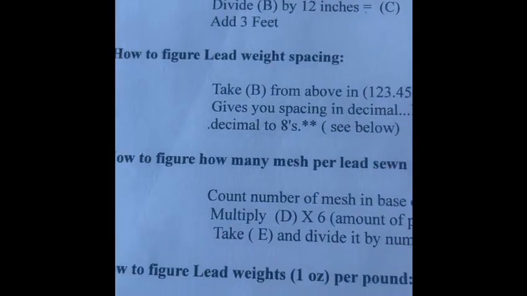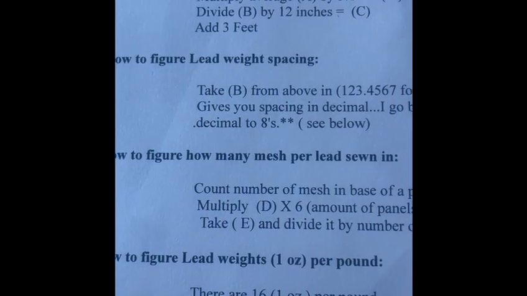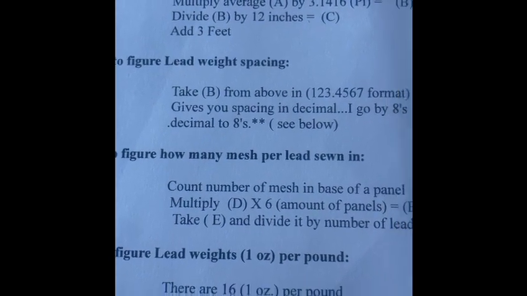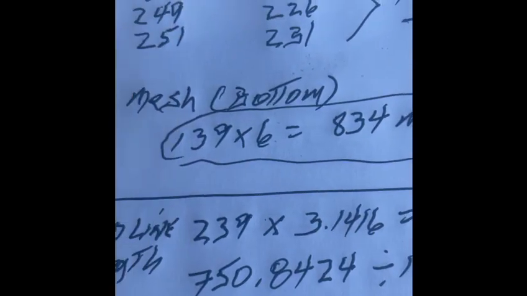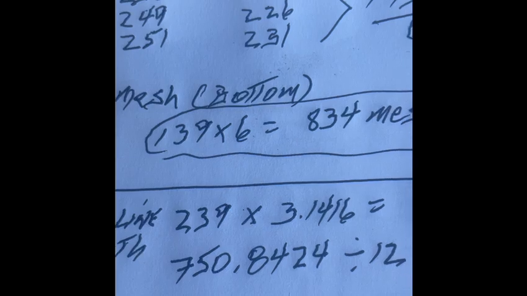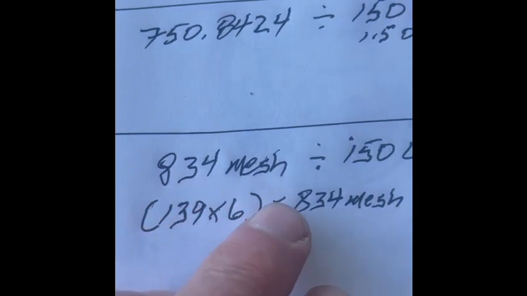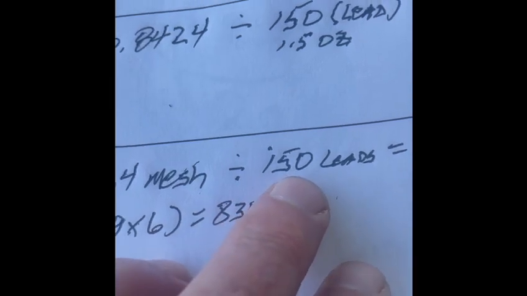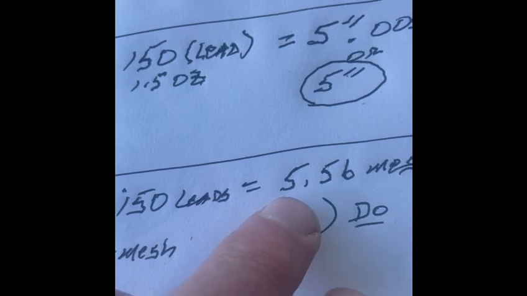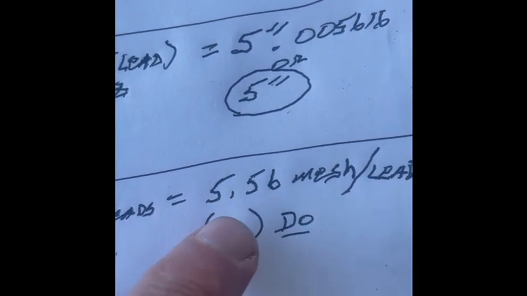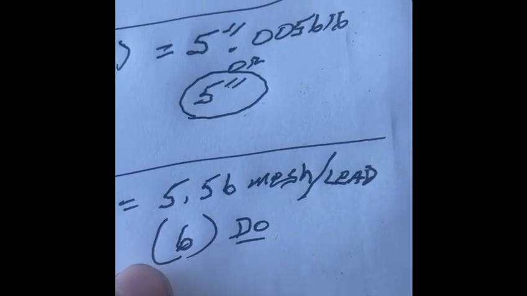Okay, the next one. How to figure how many mesh per lead when you sew it in. All right, so we calculated from up here, there was 139 times 6, 834 mesh. So we took the 834 mesh, divided it by how many leads I'm going to use, 150, which gives us 5.56 mesh per lead that you'll sew in.